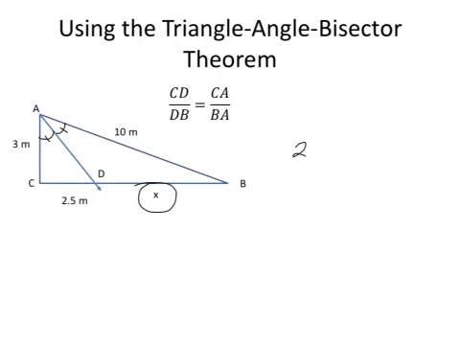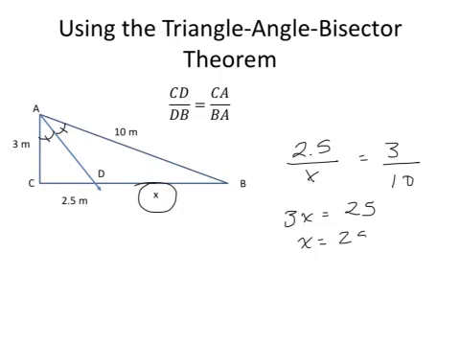So 2.5 divided by this x should equal 3 divided by 10, which leaves me with 3x equals 25. So x equals 25/3, which is 8 1/3. So x is going to be 8 1/3 centimeters.